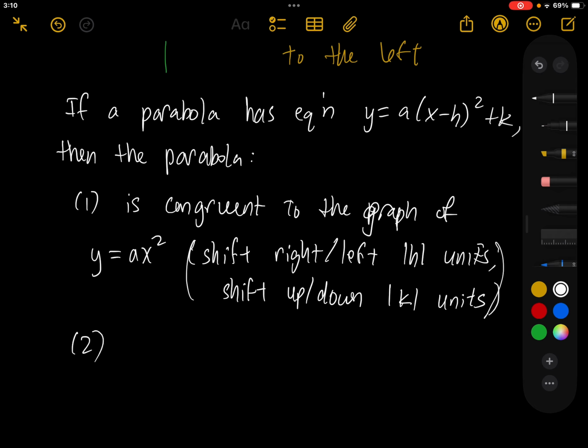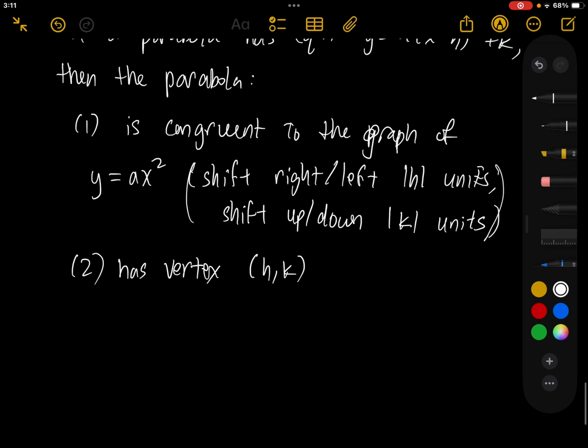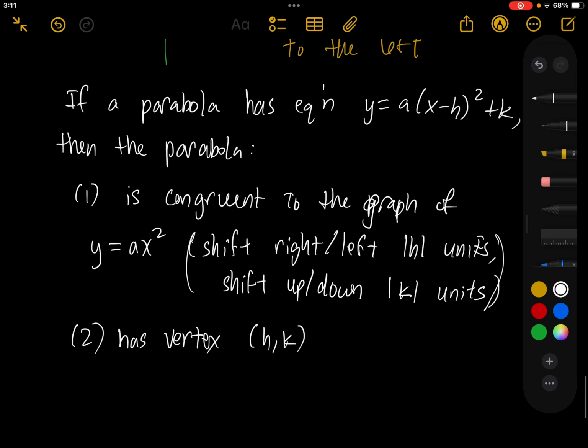So that's why this parabola is congruent to the graph of y equals ax squared. And what happens to the vertex? The vertex was originally 0, 0, and then it gets shifted h units, and then k units up or down. So the vertex is h comma k. Do you see why?